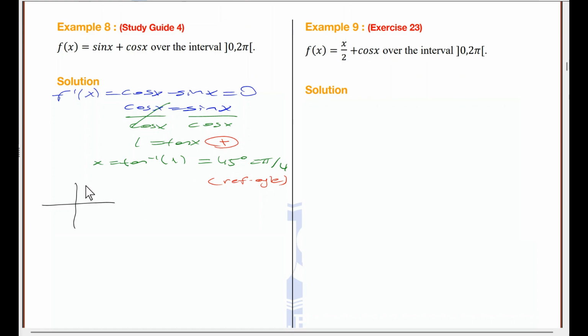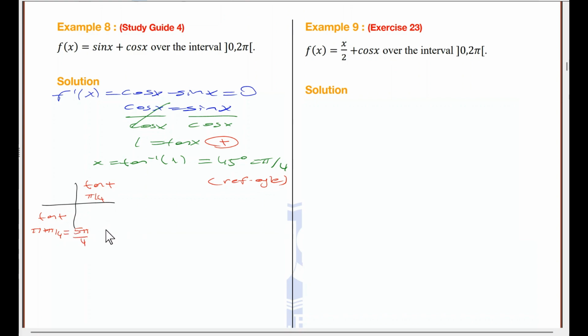Tangent is positive in the first and the third quadrants. In the first quadrant, the original angle is the same as the reference angle. In the third quadrant, it is pi plus the reference angle. So pi plus pi over 4 is 4 pi plus pi over 4, which is 5 pi over 4. So I got two original angles.